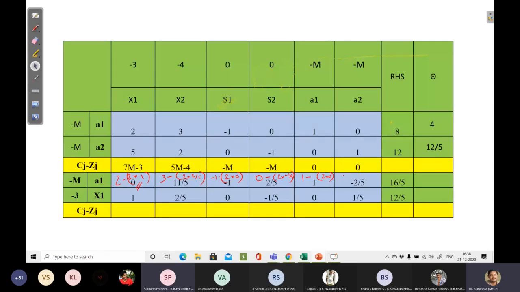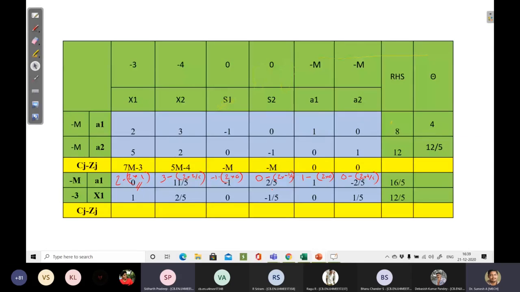Sir, one doubt. Where does the 2 in 2 minus 2 into 1 come from? Inside the bracket?